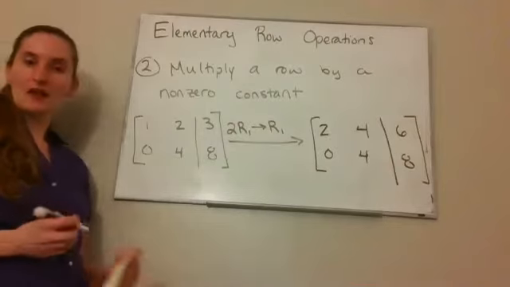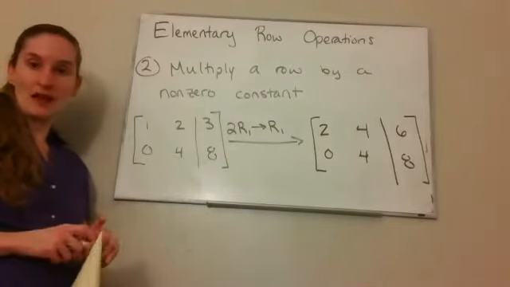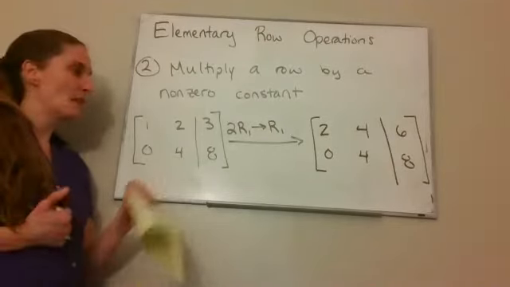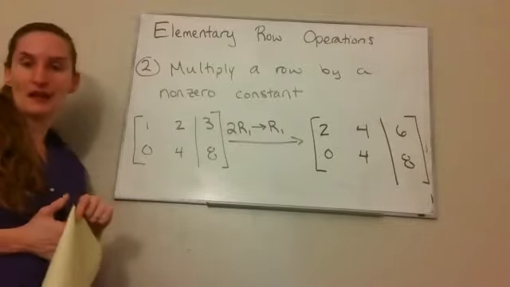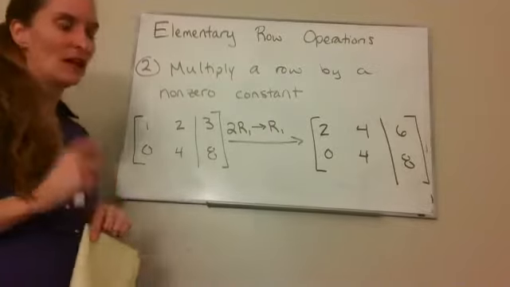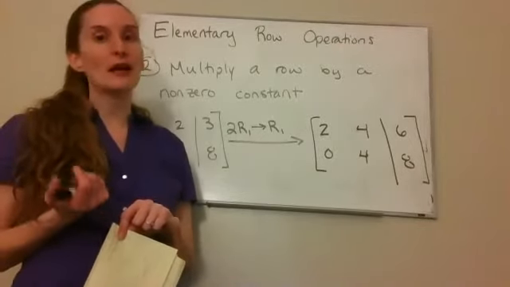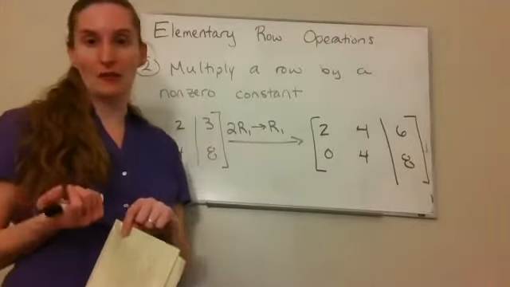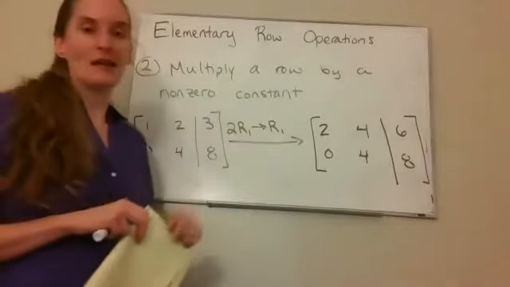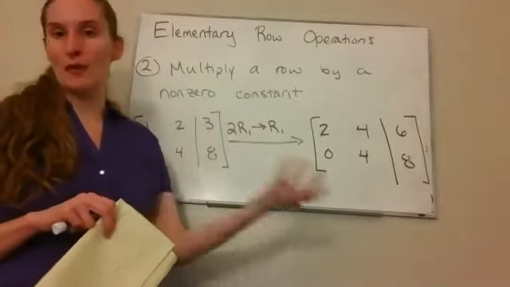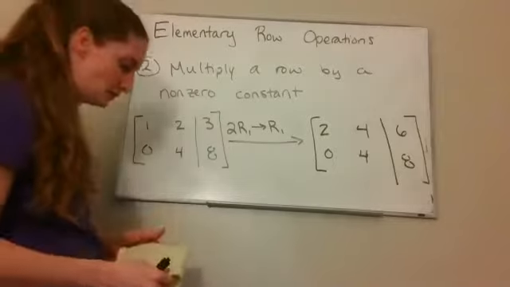So this is another elementary row operation, and that means if I do this, that matrix still represents the same system of equations. And it makes sense when you think about it, because remember, we were allowed to multiply our equations by a non-zero constant, and this is the same thing. We're multiplying a row by a non-zero constant.